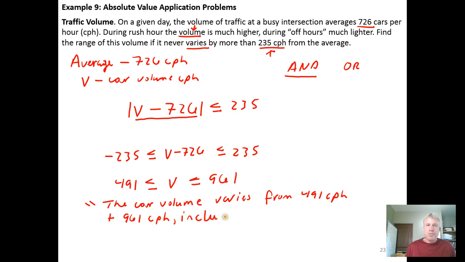And this word inclusive just tells the reader that the boundary numbers that we're using are included as a possible value for the car volume. And we say that because of the equal to signs on our absolute value inequalities. This equal to part of the inequality says that this number is possible and this number is also possible.